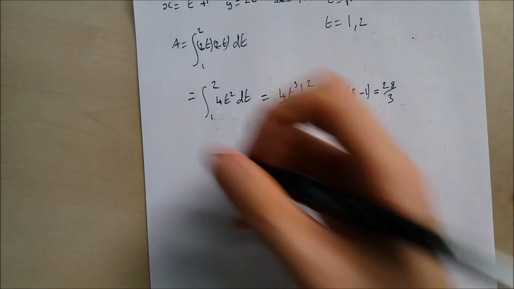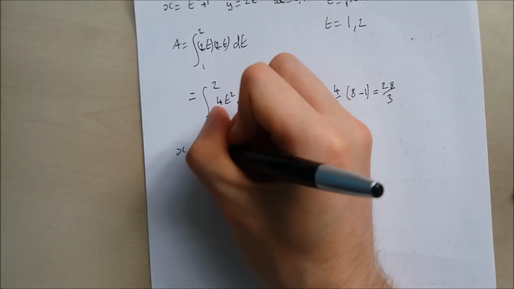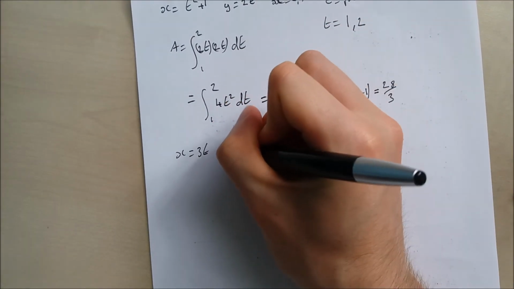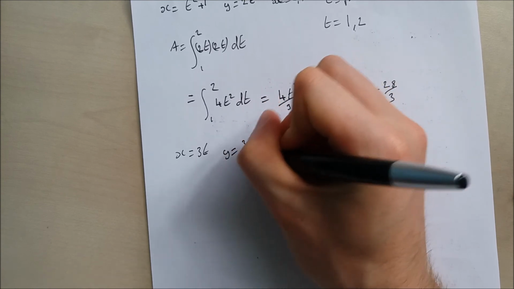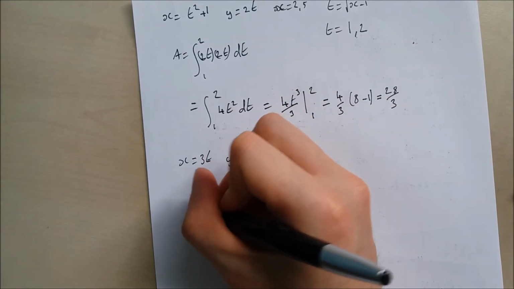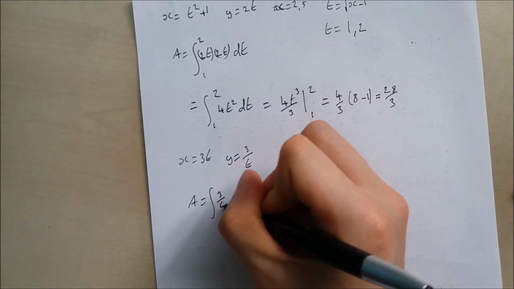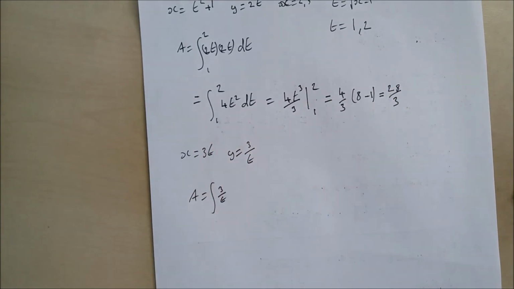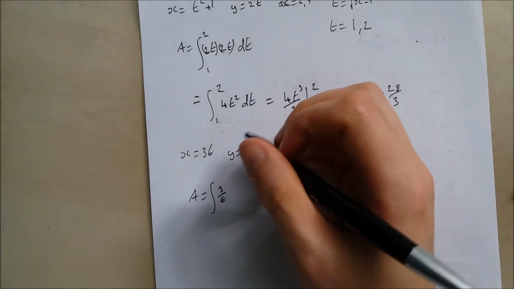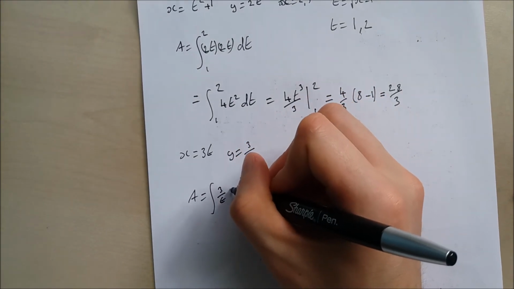If you do another example where x is 3t and y is 3 over t, you have the y being 3 over t, and the derivative of 3t is just 3.